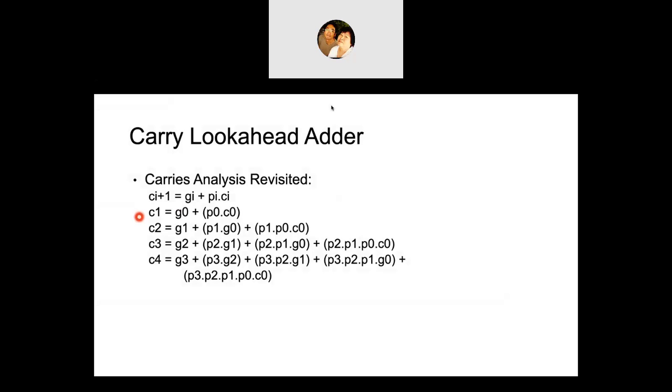And with these terms, we can represent the previous equation by using this. If we would like to get C1, we can get C1 from G0, P0, and C0. And C2 is something like this: G1, P1 and G0, P1, P0, C0, and so on.